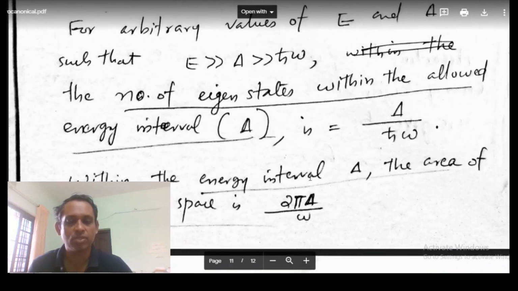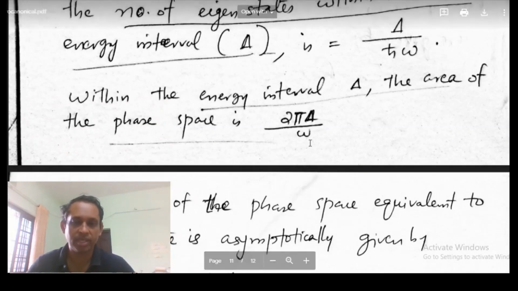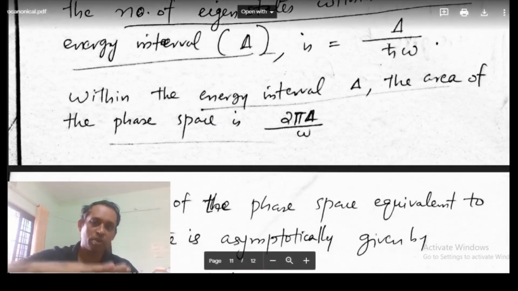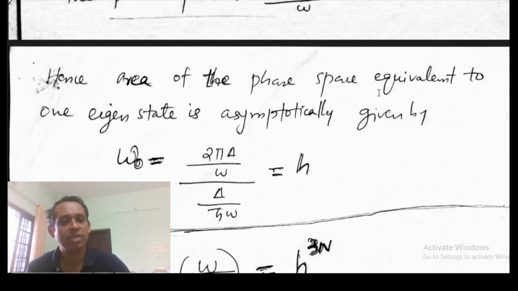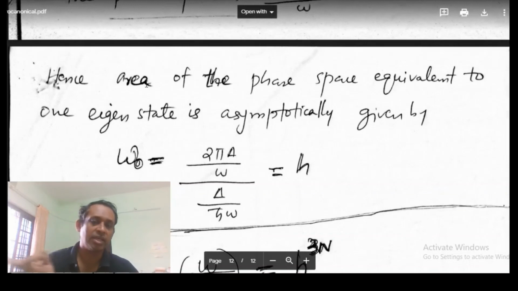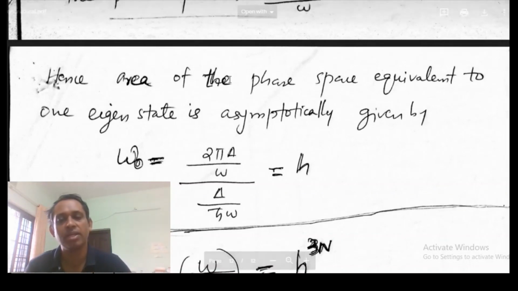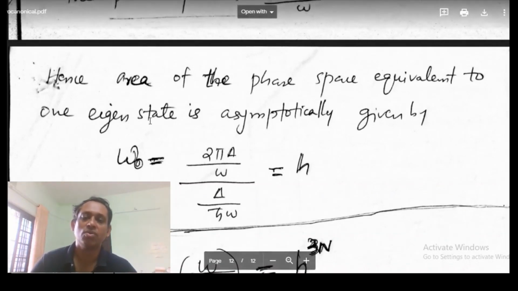So I am dividing this 2πΔ/ω by this Δ/ħω, the area divided by the number of states. In the earlier case it was volume, now it is the area of the phase space equivalent to one eigenstate.